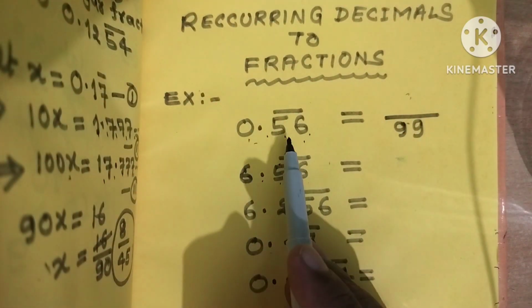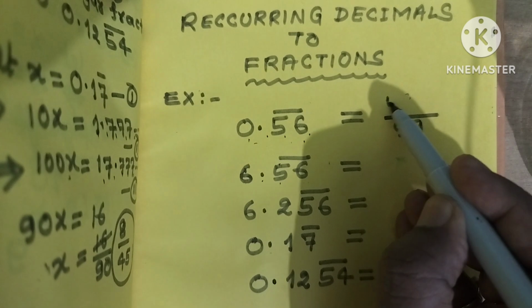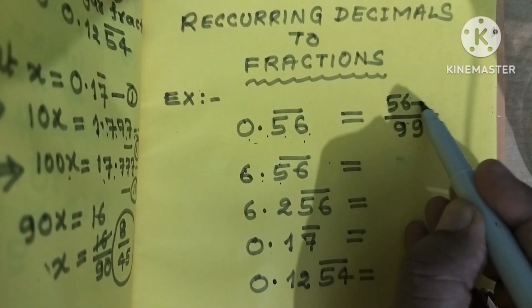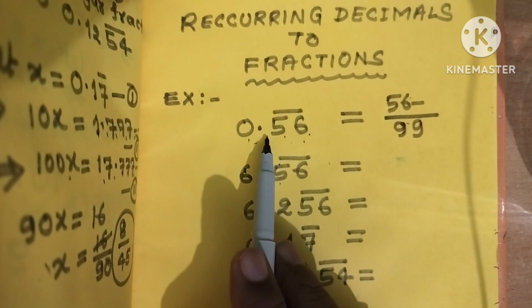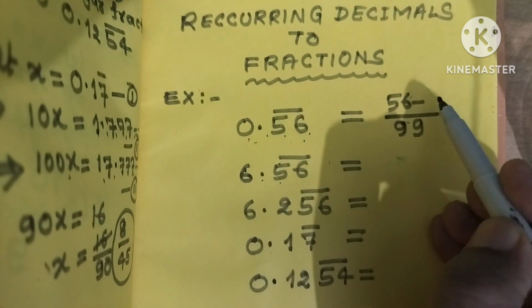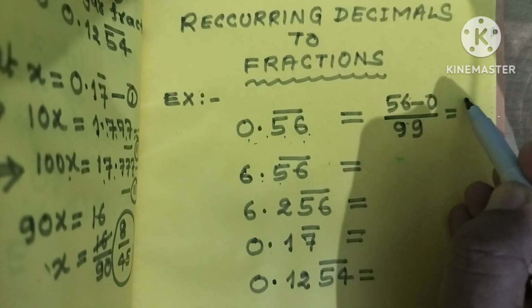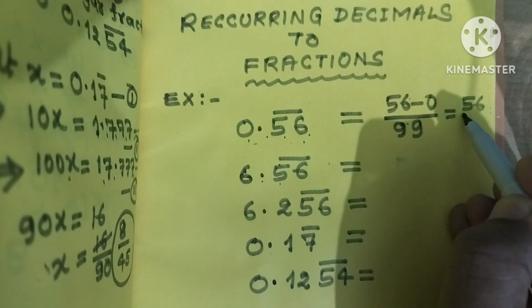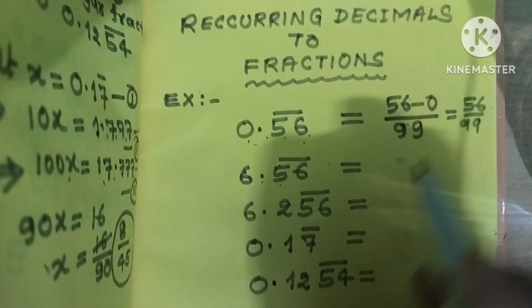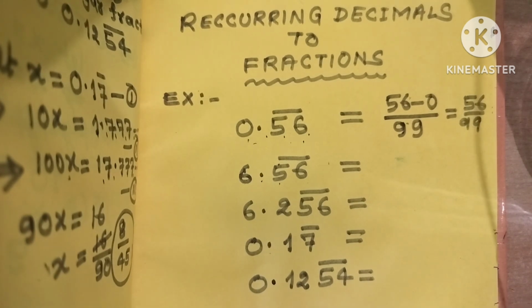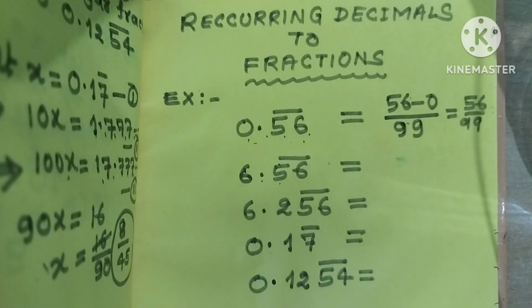And what is given after decimal point? 56 minus, is any digit which is not repeating? No any digit, so minus 0. So this is equal to 56 by 99. So this 56 by 99 is vulgar fraction.